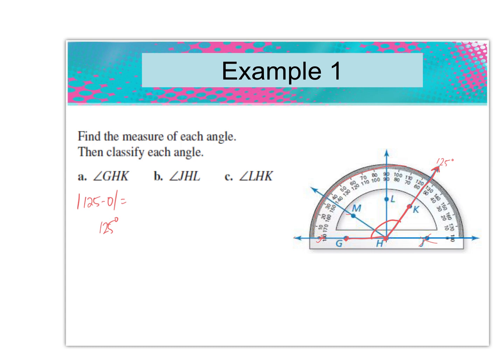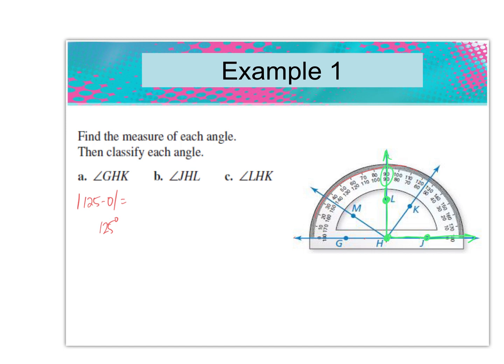I'm going to erase this, and now I'm going to look for the second one. I'm going to look for B, and B is angle JHL. So I'm going to start at J, go to H, and go through L. I know that these are the two rays we're talking about. And I recognize that they go through 90 degrees.